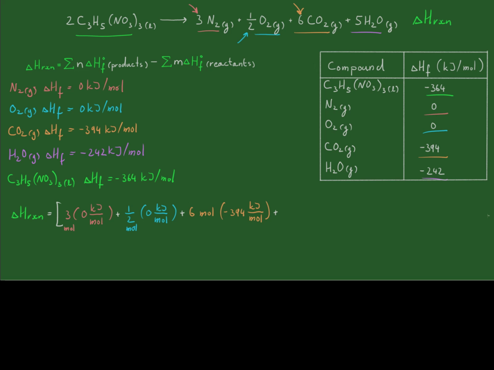Plus 5 moles multiplied by the enthalpy of formation for water, which is given as negative 242 kilojoules per mole, minus, well, we have 2 moles of nitroglycerin. So 2 mole times the enthalpy of formation for nitroglycerin, which is negative 364 kilojoules per mole.